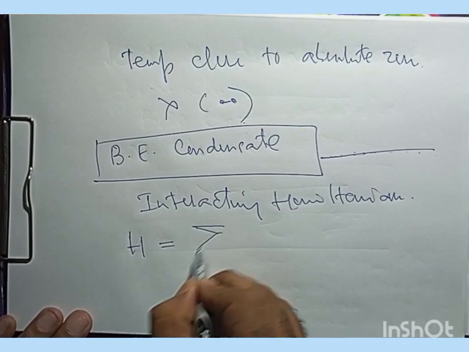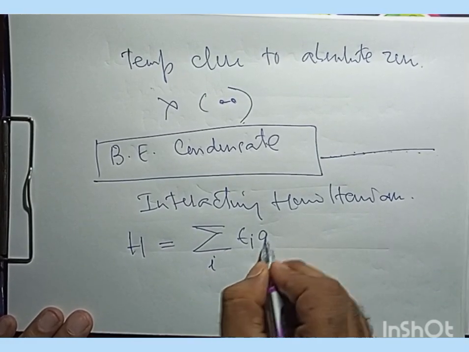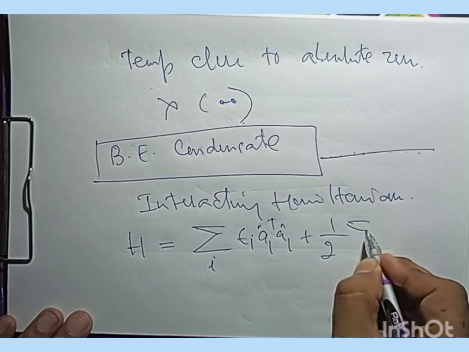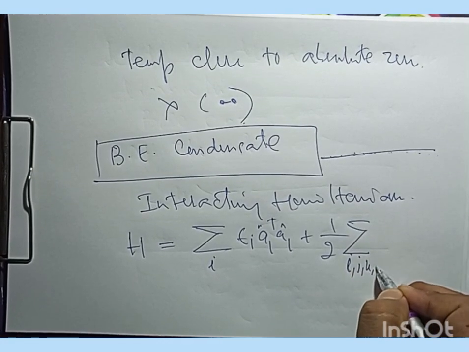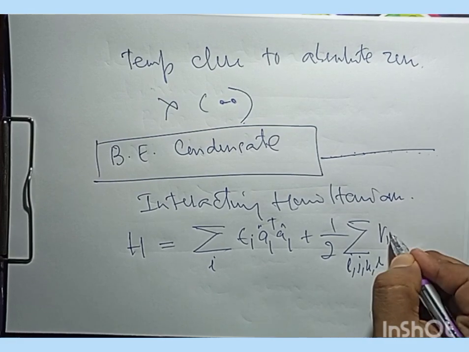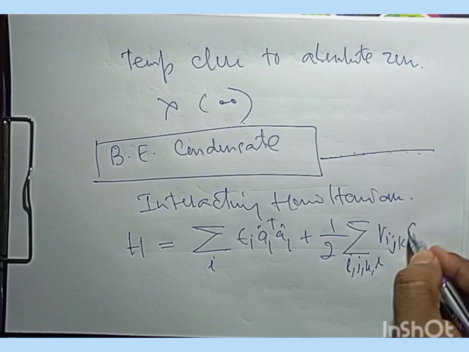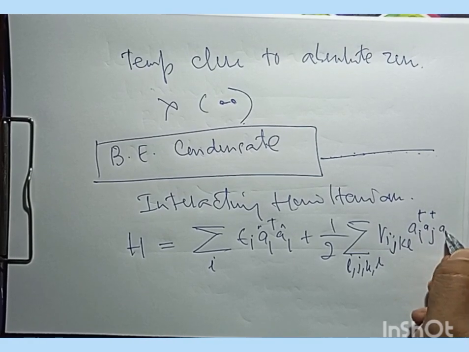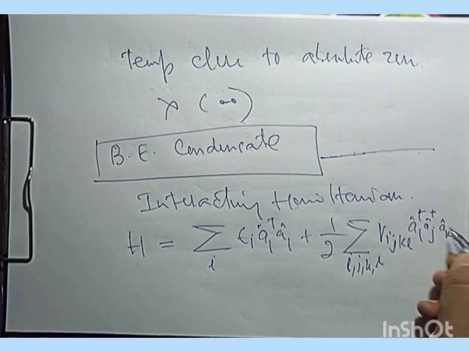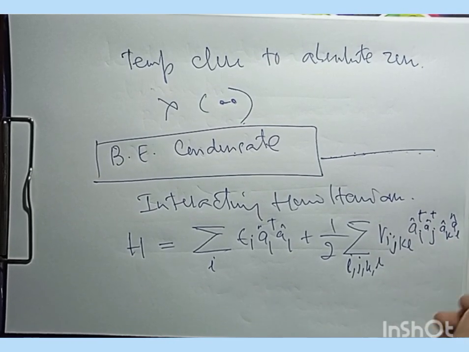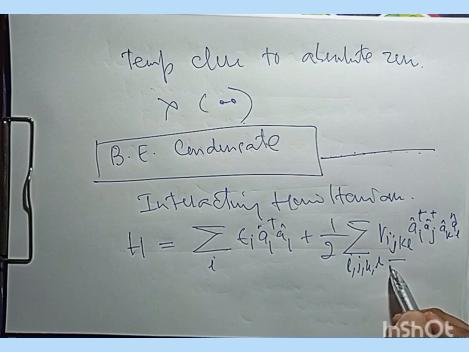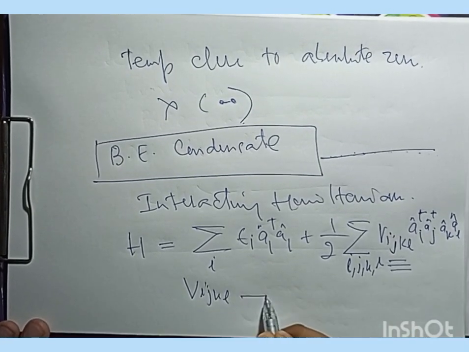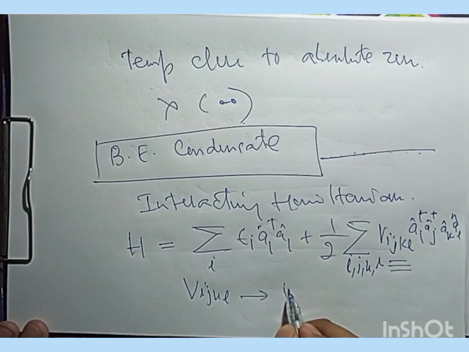We have H equals the sum over i of epsilon_i a_i dagger a_i, where these are the creation and annihilation operators, plus 1/2 the sum over i, j, k, and l of V_ijkl a_i dagger a_j dagger a_k a_l. Now, what does this V_ijkl represent?